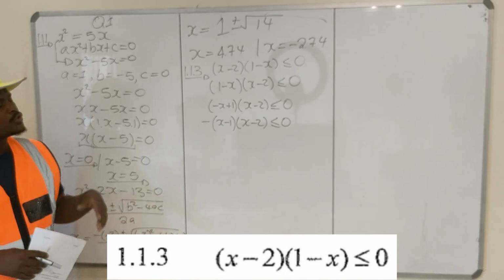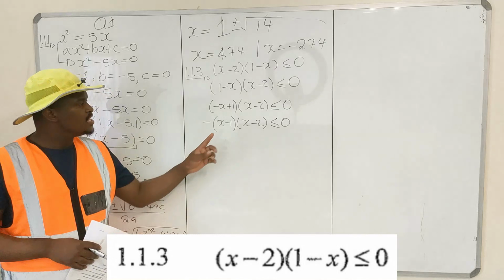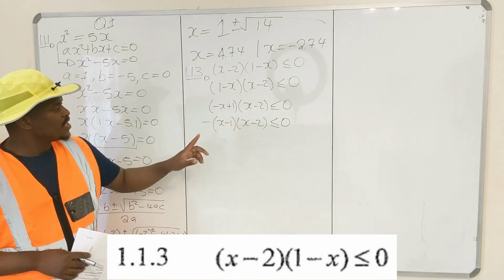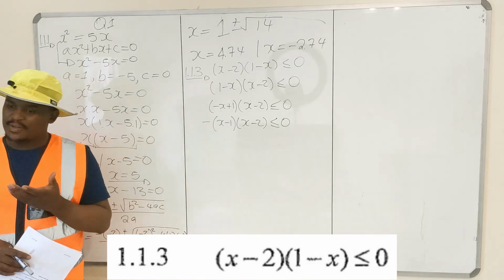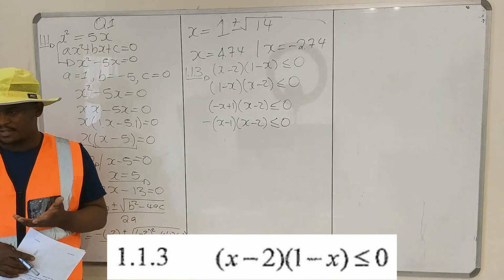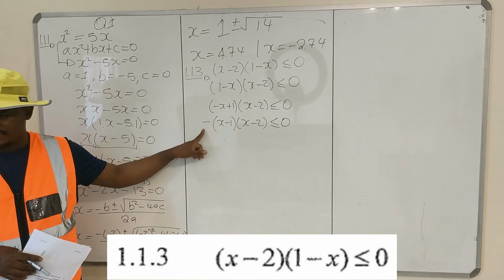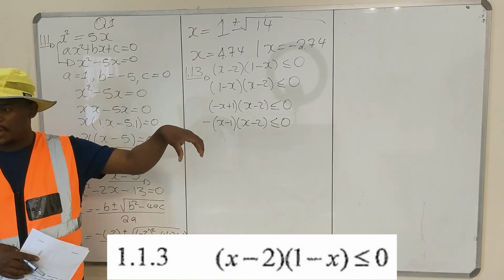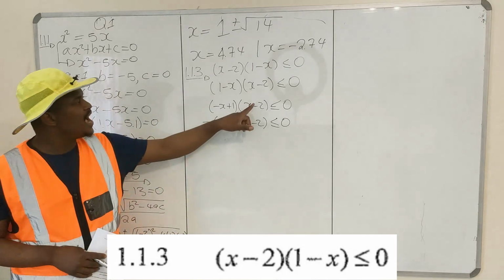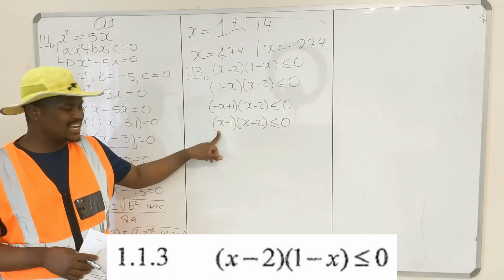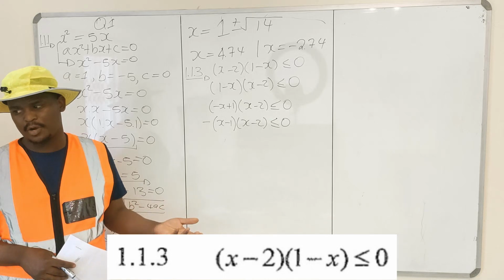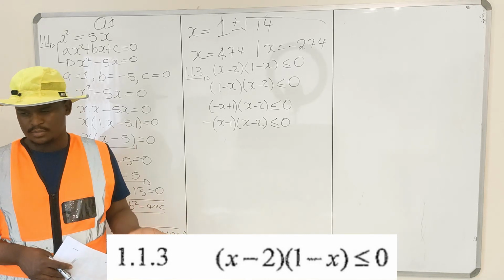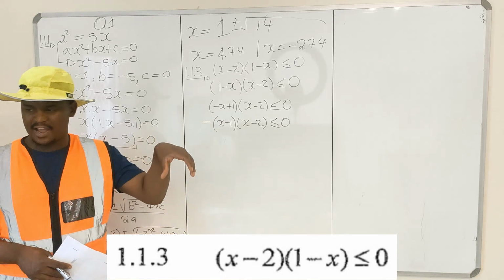Do you understand? Yes. So the point of doing this is for you to know that the parabola you're working with is negative, which means it will be concave down. If you didn't fix it like this, it would not be easy, if you're using the parabola, to know what signs you must use or what shape it has.